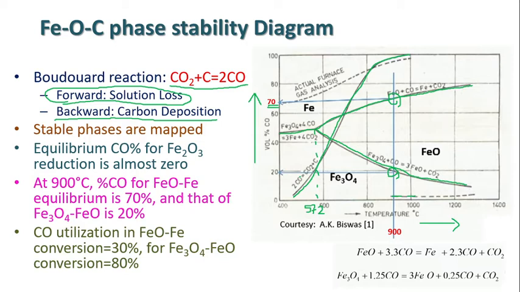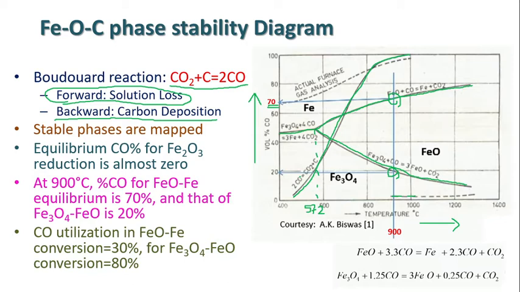As a result, we can write the respective equilibrium reactions like FeO plus 3.3 CO equal to Fe plus 2.3 CO plus CO2. Then where does this 3.3 factor come from?